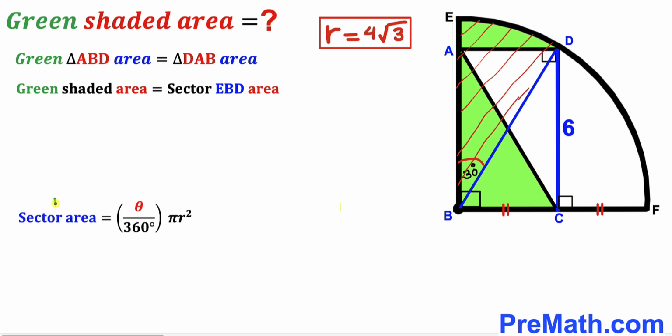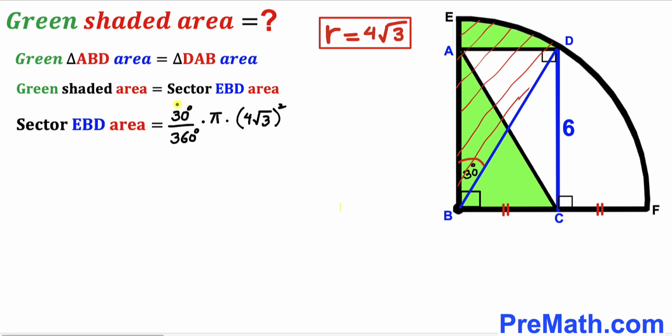And now let's recall the sector area formula. Area equals angle theta divided by 360 degrees times pi r square, where r is the radius. And in our case our angle theta is 30 degrees, whereas our radius r is 4 times square root of 3. So therefore our sector ABD area is going to be 30 degrees divided by 360 degrees times pi times 4 times square root of 3, whole square.